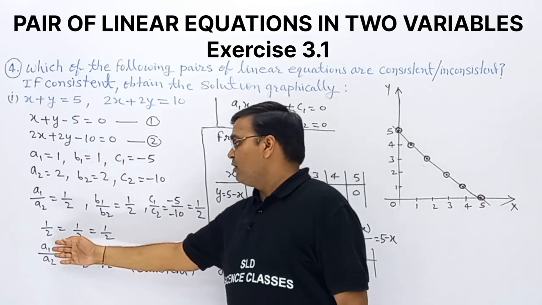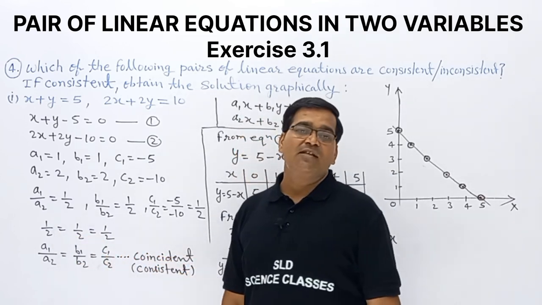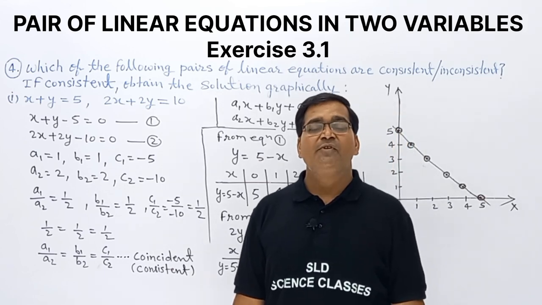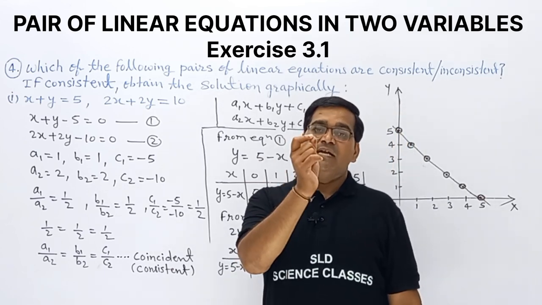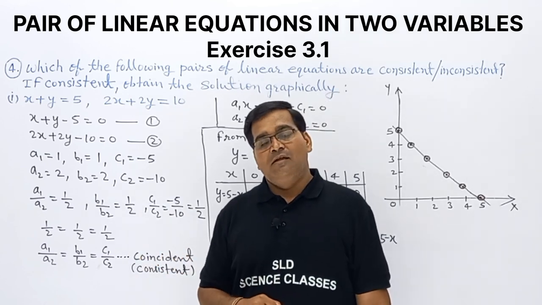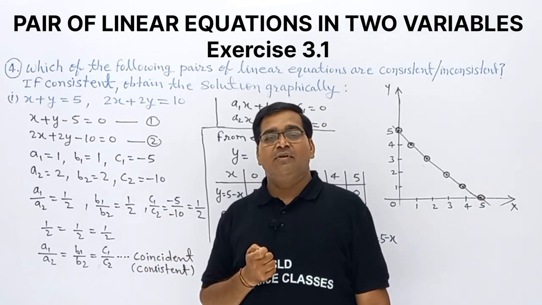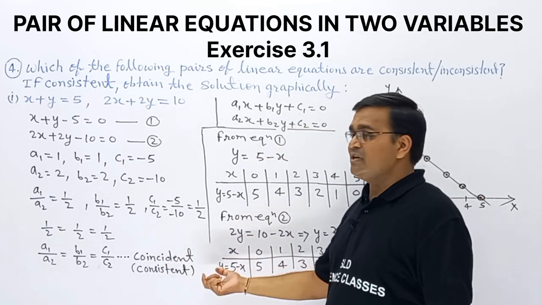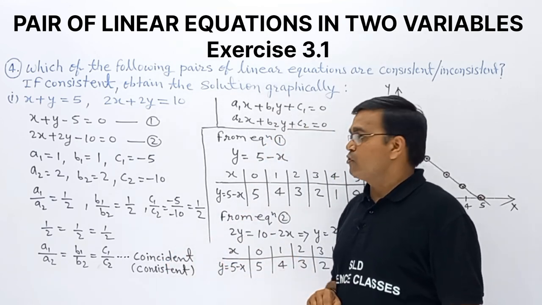Once all the ratios are equal, then we can say coincident lines, and the pair of linear equations is consistent. Clear?